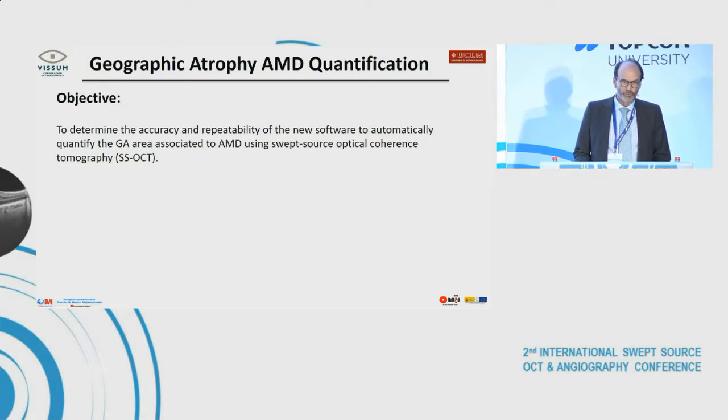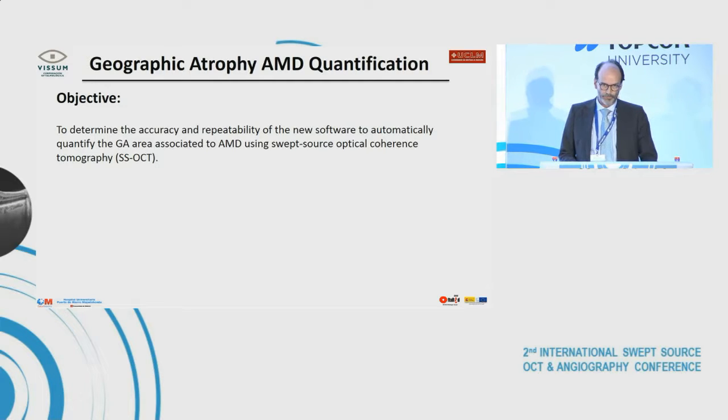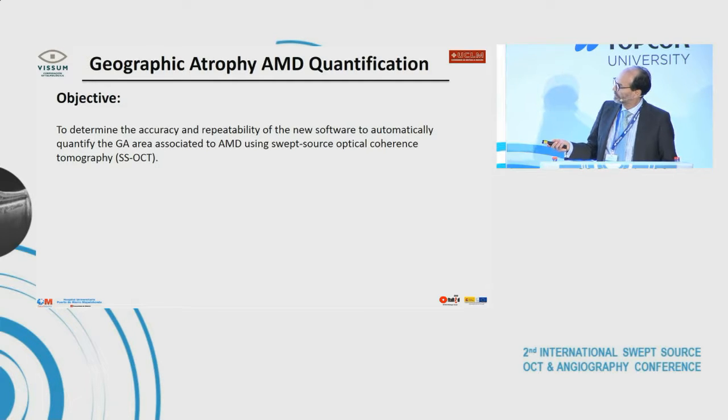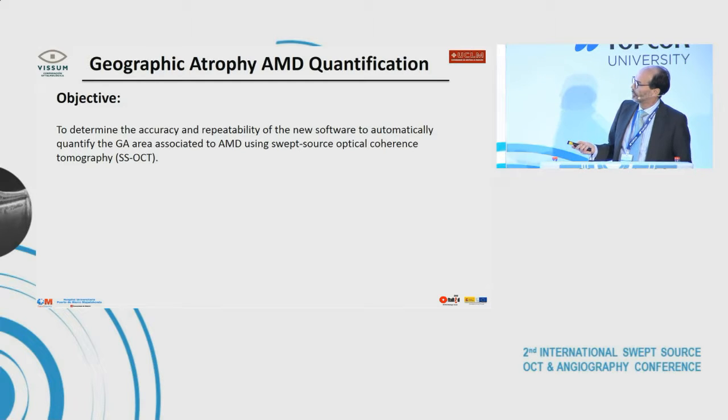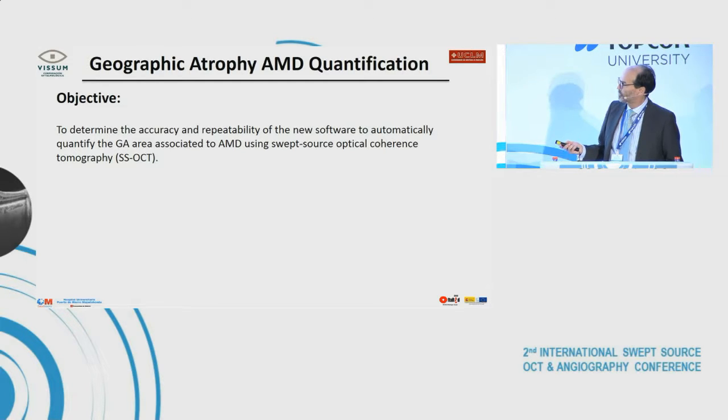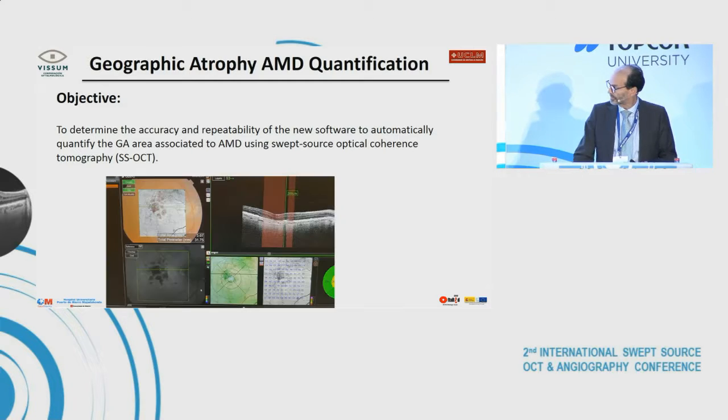The objective of our paper was to determine the accuracy and repeatability of the new software developed by Topcon to automatically quantify the GA area associated to AMD using Swept-Source optical coherence tomography. This is the screen with the new software.